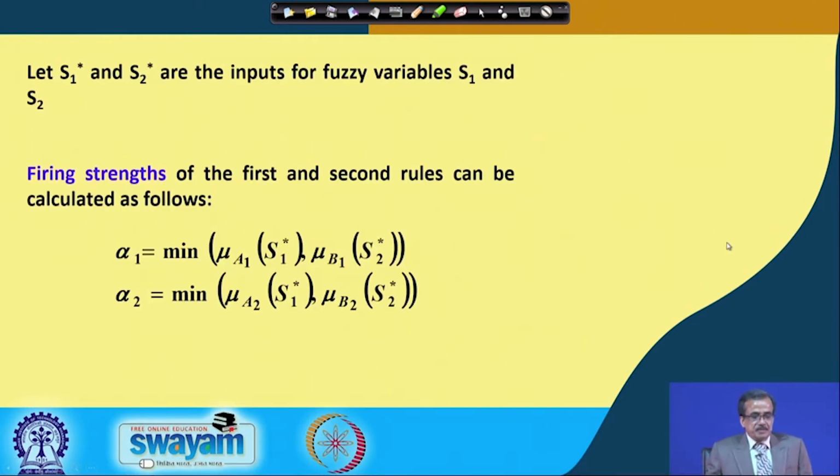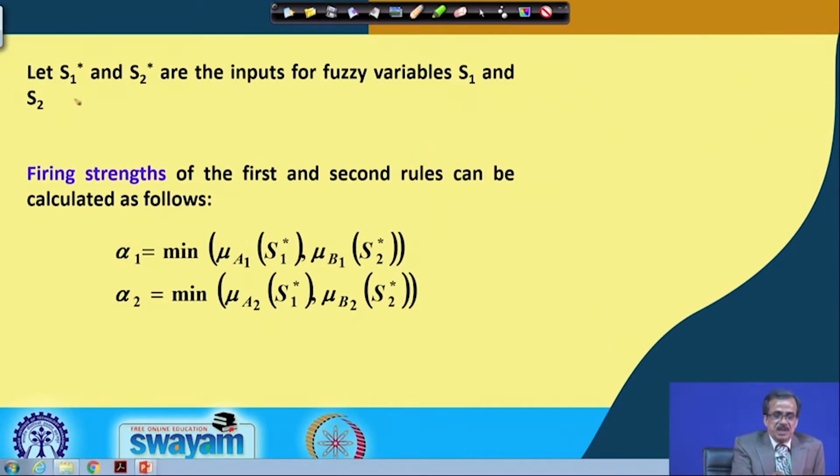So, whatever we discussed, the same thing I have written here. Let me just read it out. Now, I am passing S1 star and S2 star, these two inputs, and corresponding to this S1 star and S2 star for the first fired rule, I will be getting the firing strength and that is nothing but the minimum of mu A1 S1 star and mu B1 S2 star.